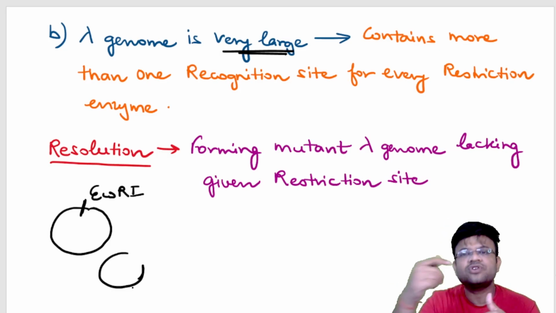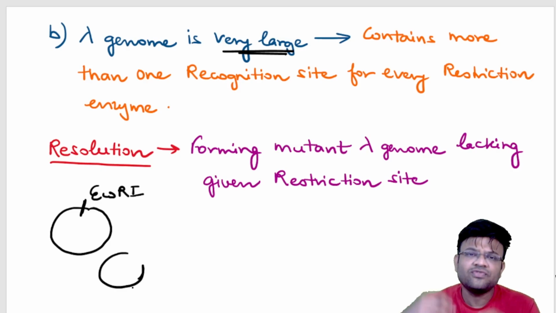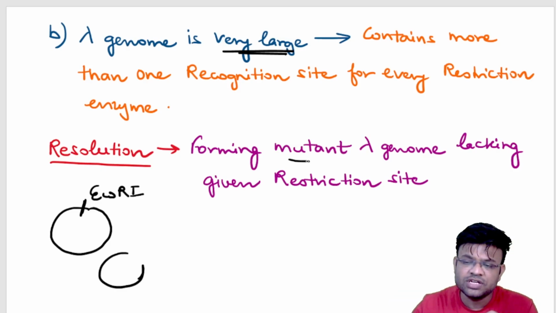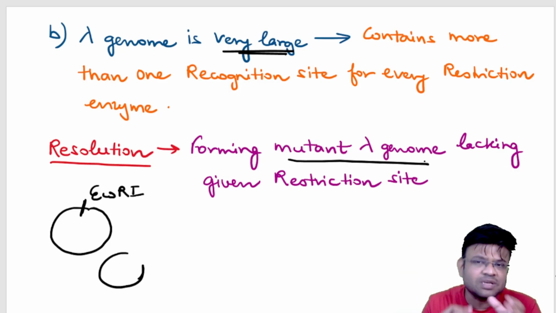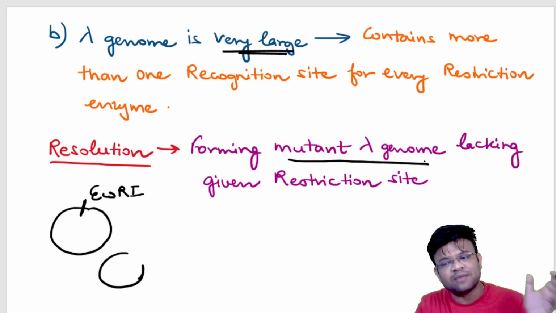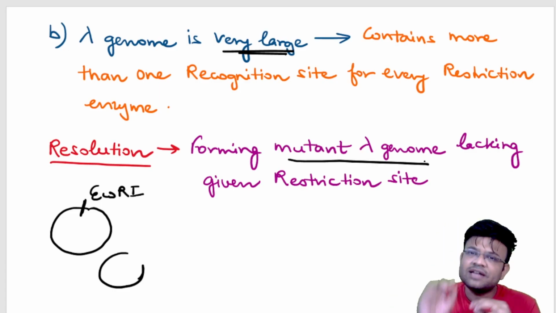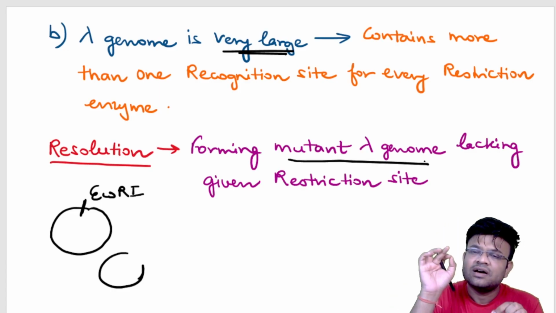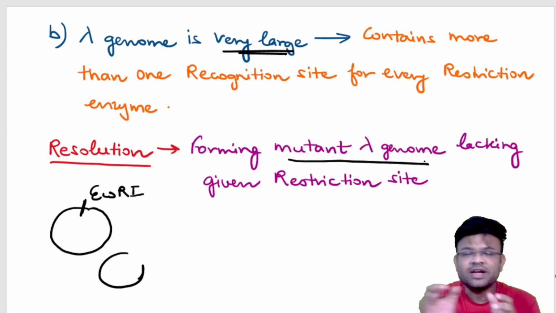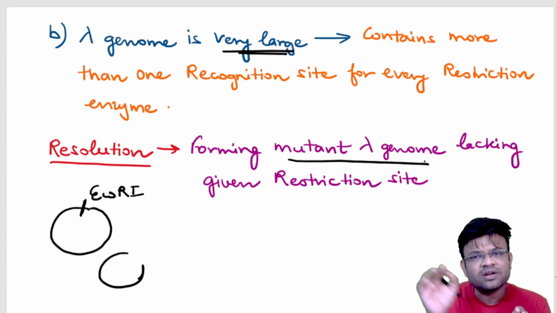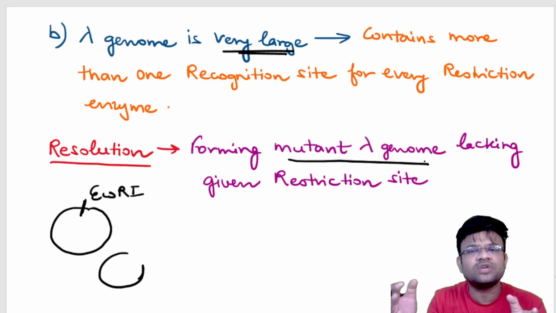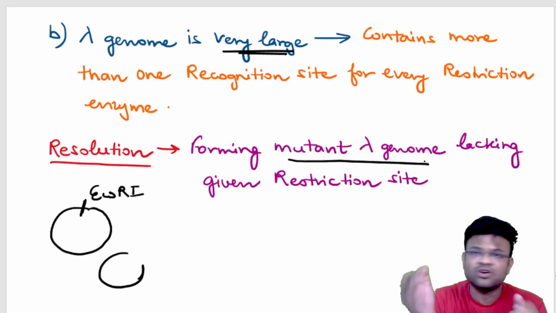So in order to resolve this problem, we form a mutant lambda genome. That means some kind of mutation, some kind of modification, some kind of aberration is done inside the lambda genome so that it now lacks the extra restriction sites. Now it has only one or two restriction sites for roughly 1 or 2 enzymes.